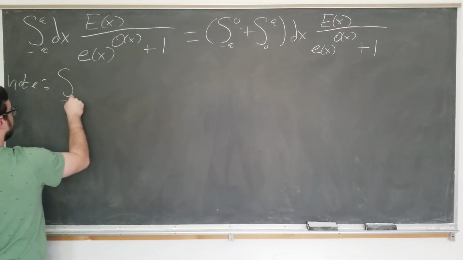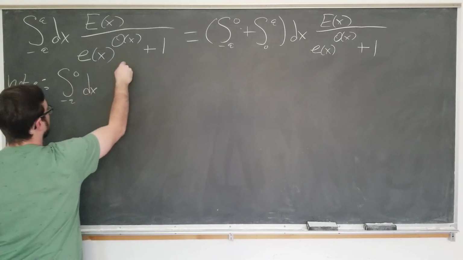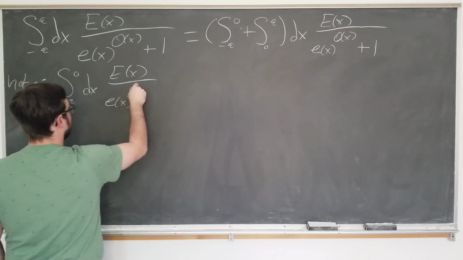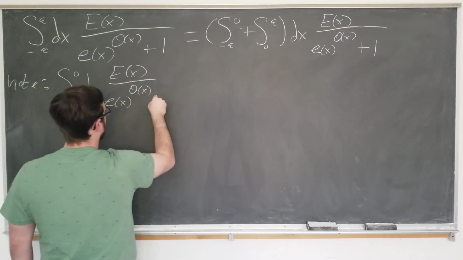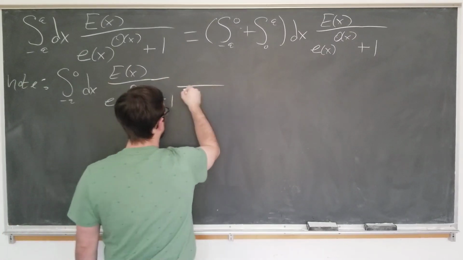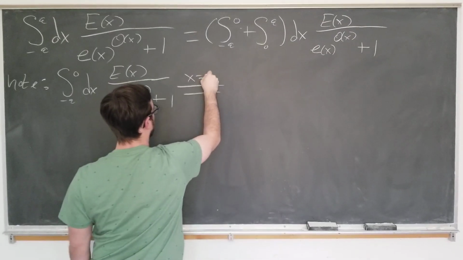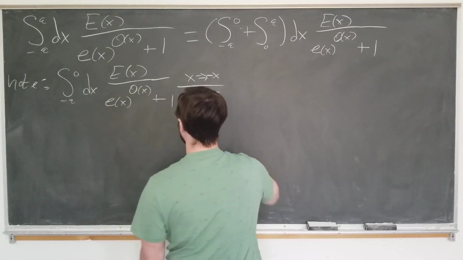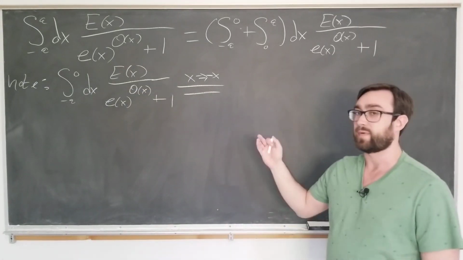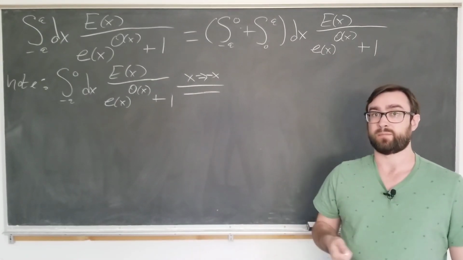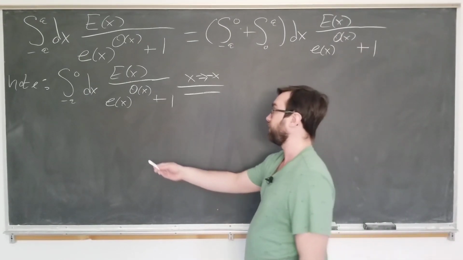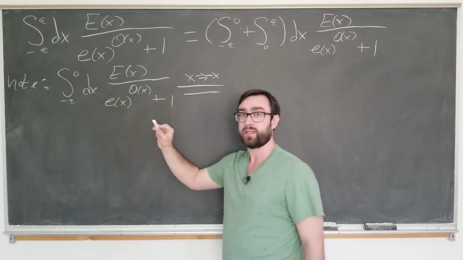We have the integral from minus a to 0 dx of capital E over lowercase e to the O plus 1, which can actually be related to the other integral if we let x go to minus x. When we do this, I'm also going to put a minus sign out front, so we can get a 0 and an a up top.